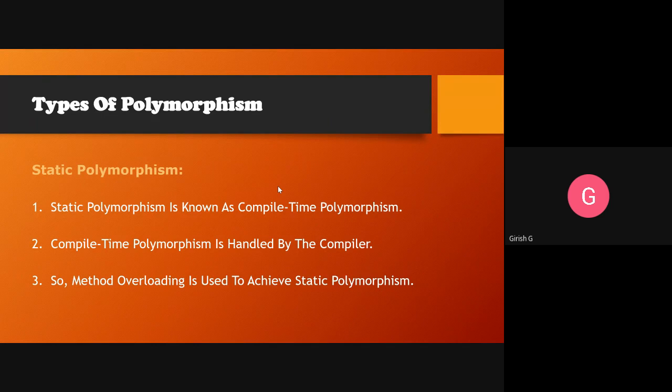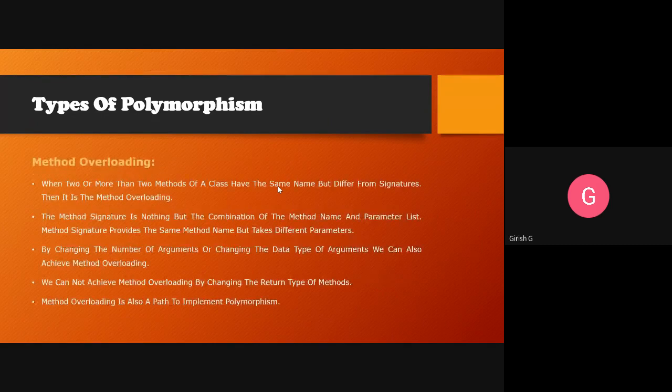So let's see what method overloading is. When two or more methods of a class have the same name but differ in the signature, that is, differ in the parameter list, like variation in the data types of the parameter list.